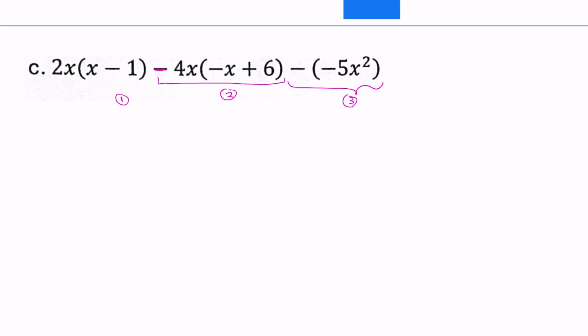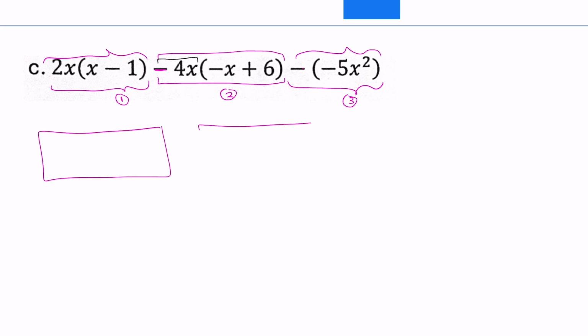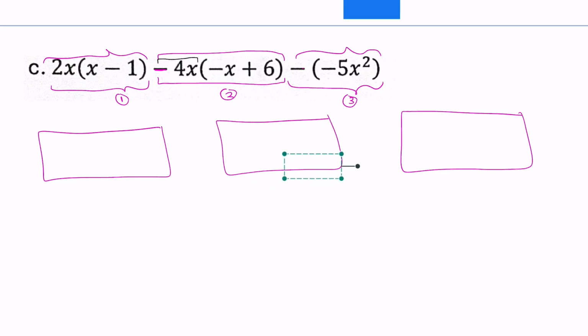So what I mean here is, I don't need to erase that actually. The same 3 sections, right? We're going to split it into 3 parts. So 1, 2, 3. For each one, I'm going to draw a rectangle. 1, 2, 3. And because multiplication is like finding the area of a rectangle, here my length I'm going to take is x minus 1.